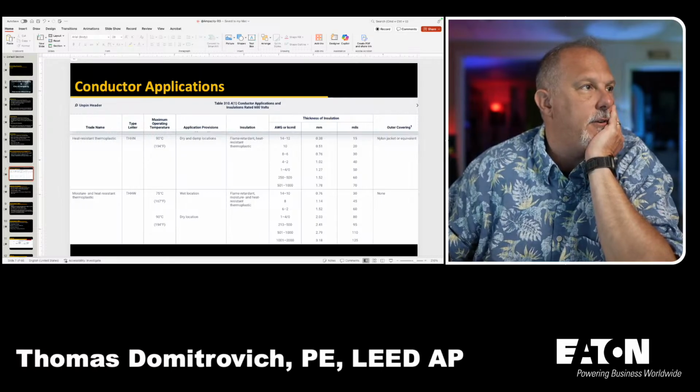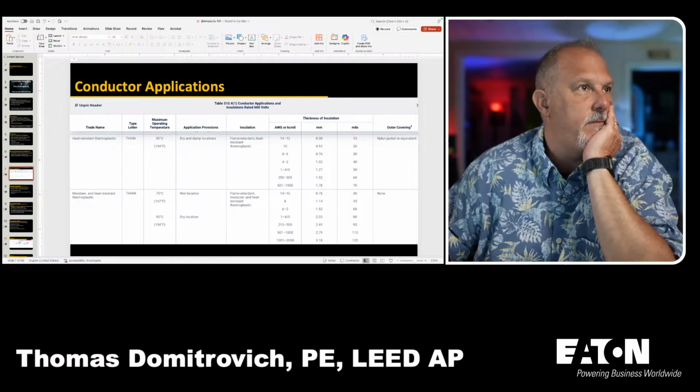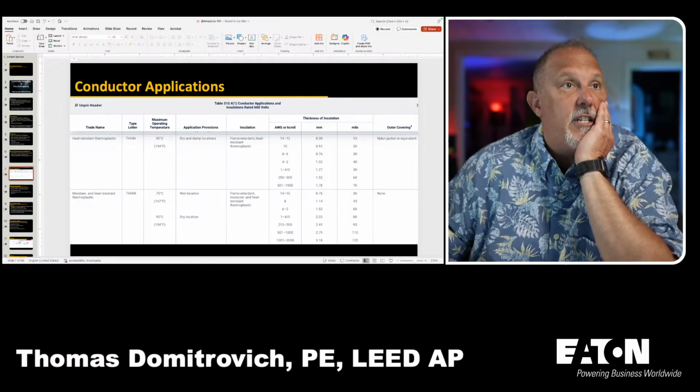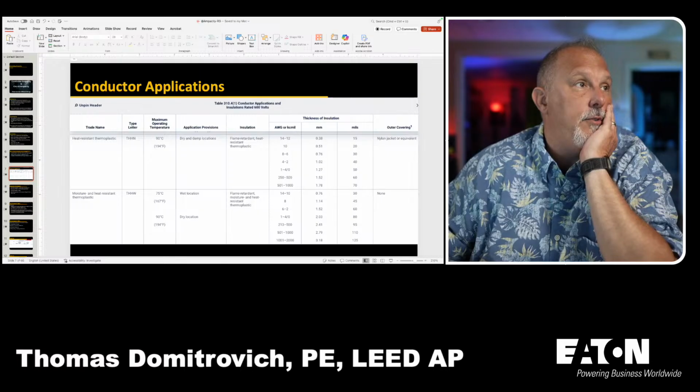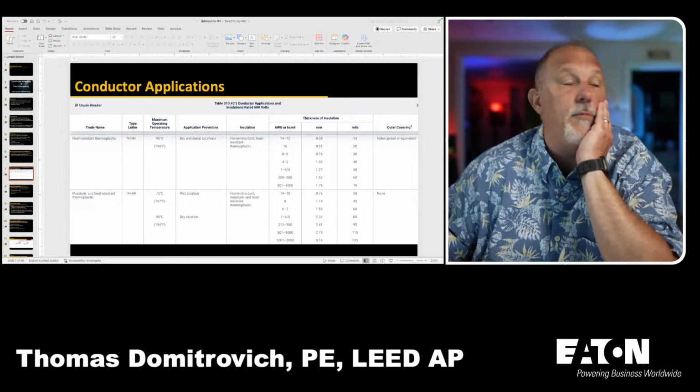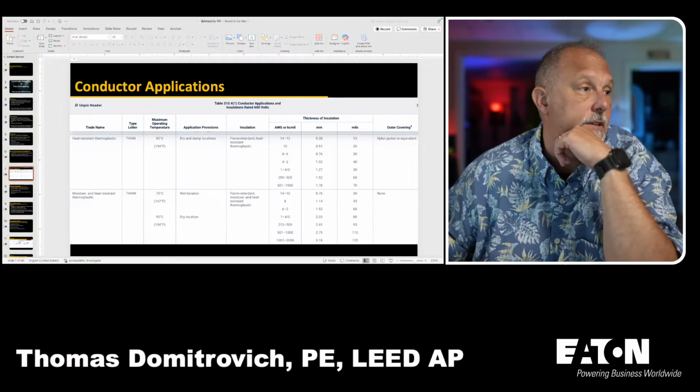Even in 110.14. And for your info, I'm using the 2023 edition of the code.